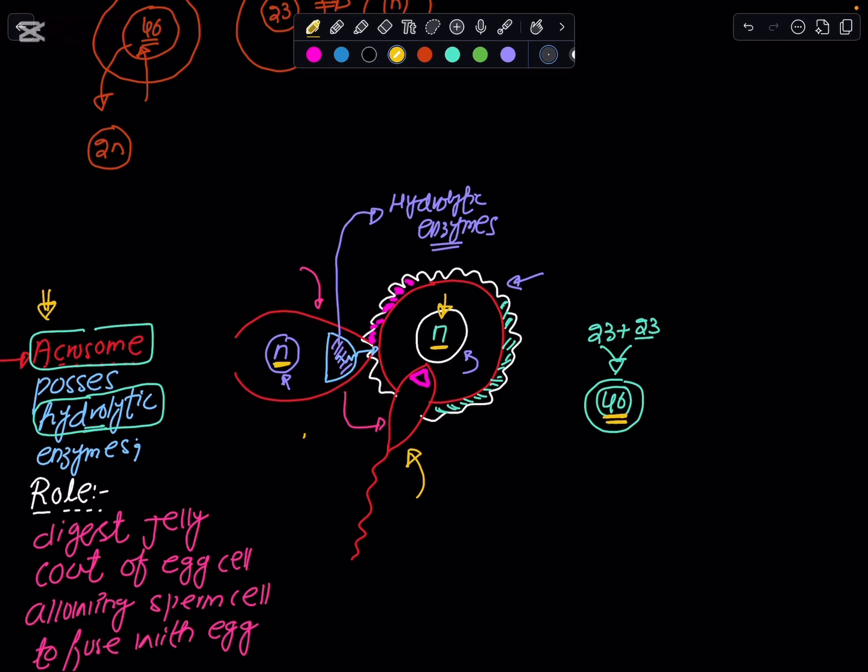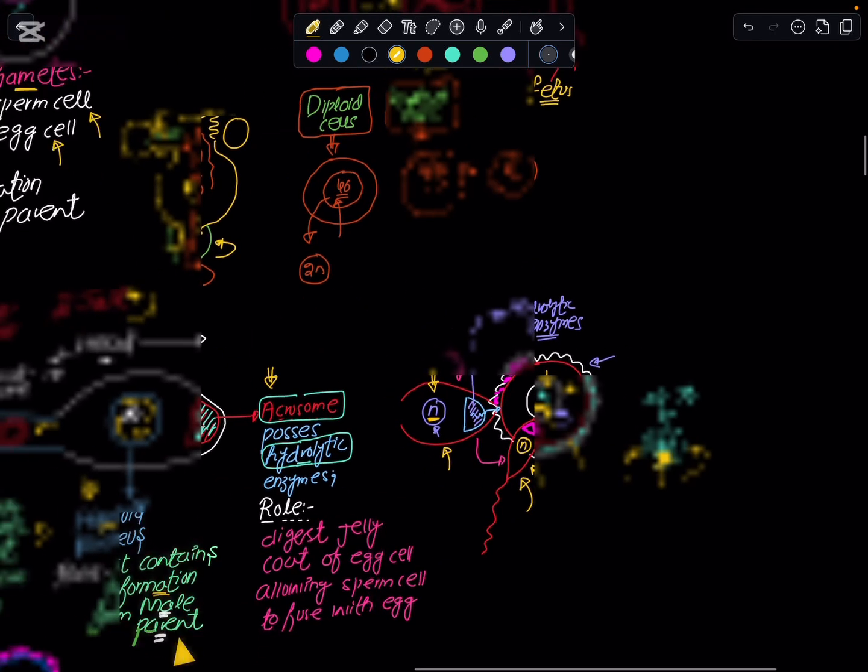So soon after one sperm cell causes the fusion of its haploid nucleus with the female nucleus, this jelly coat would harden, and when it hardens, the other sperm would not be allowed to fuse its genetic material with the genetic material in the egg cell. That allows us to retain the chromosome number 46. Because if this chromosome number is going to fluctuate, then this would lead to a lot of problems.